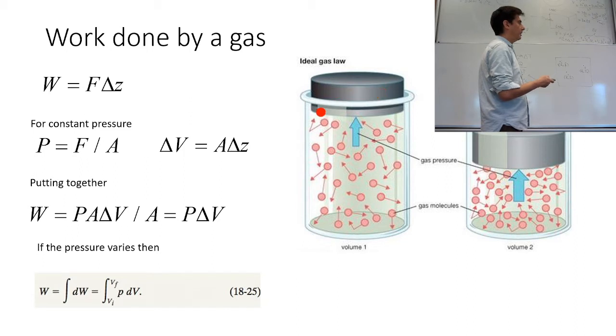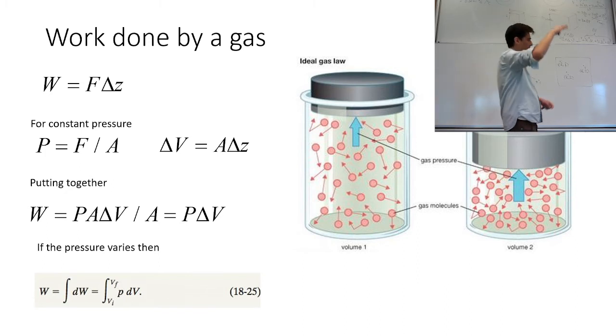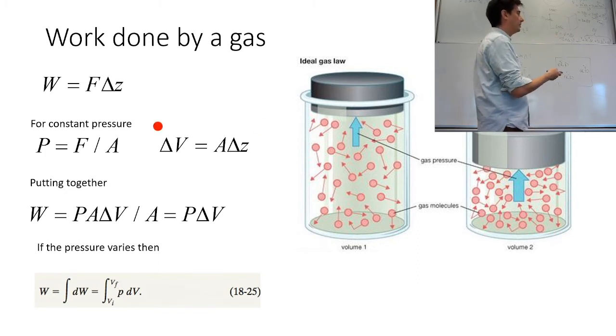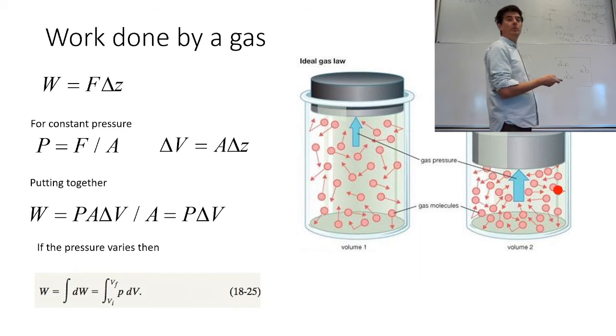This has a cross-sectional area, A. And suppose this moves up or down by a change in height, delta z. Maybe you measure it from the bottom here. So this change here is delta z. The change in the volume of this is, of course, A times delta z. That's the change of volume.